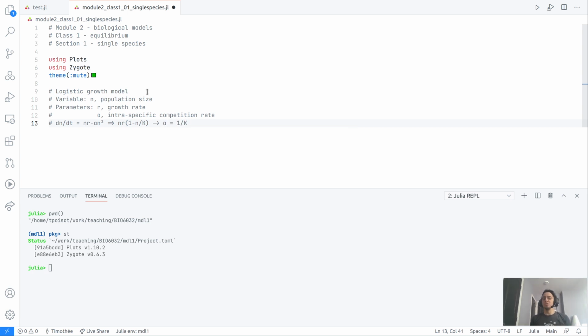So that's a different way of expressing the same model. Either we express it as a carrying capacity, where we know how many individuals at most can be in the population, or we express it as a rate, where we know how strong the competition between two individuals is. If you pick alpha equal 1 over k, and you run the two models, they are going to give you exactly the same dynamic because they are exactly the same model.